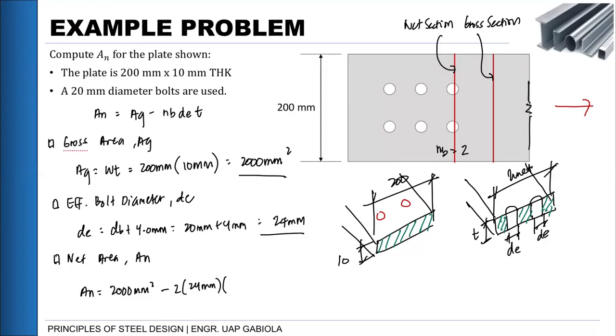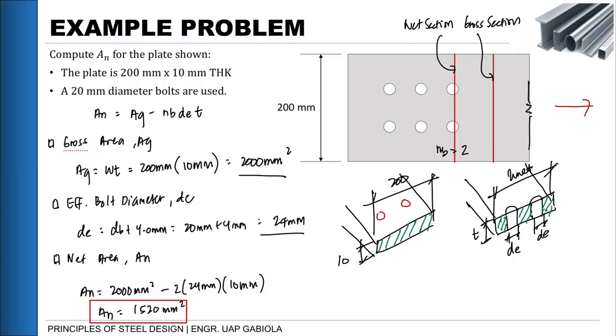And then, yung ating thickness na 10 mm. So, for this plate, ang AN natin is given as 2,000 minus 2 times 24 times 10. That is 1,520 mm squared. And that will be our net area for this section.